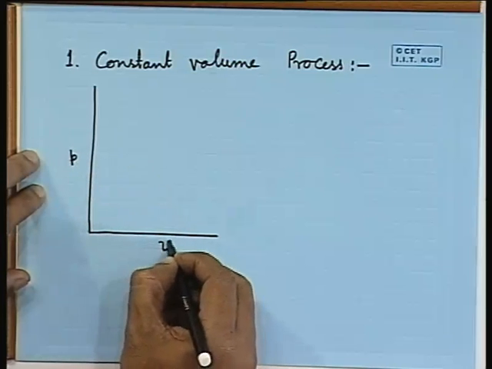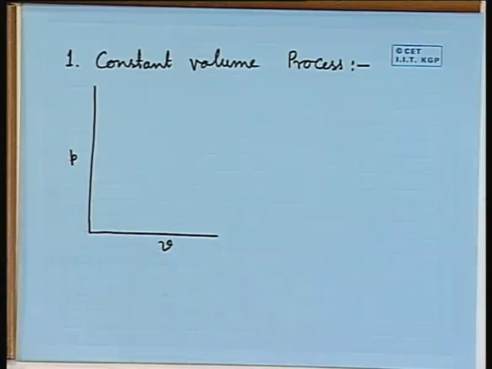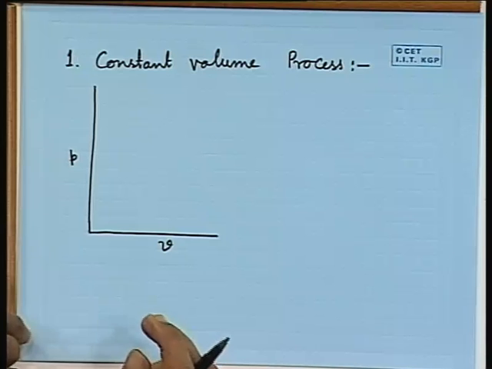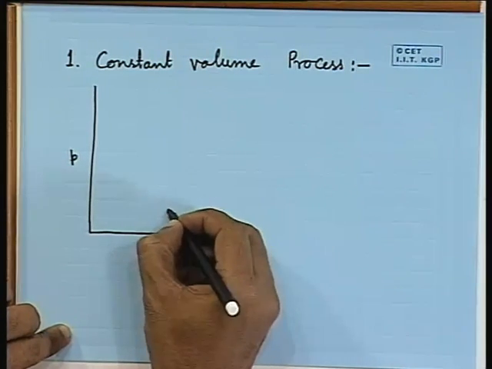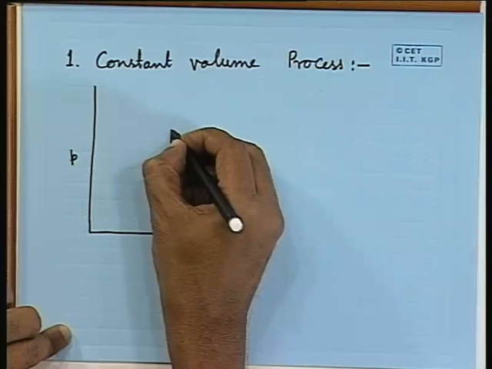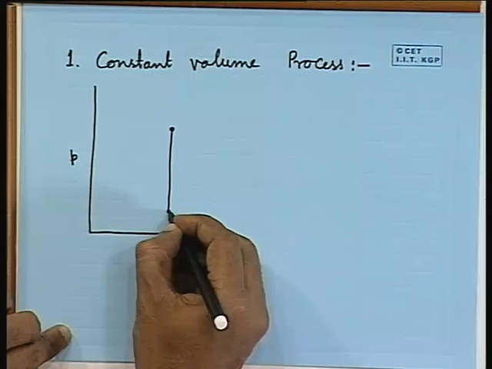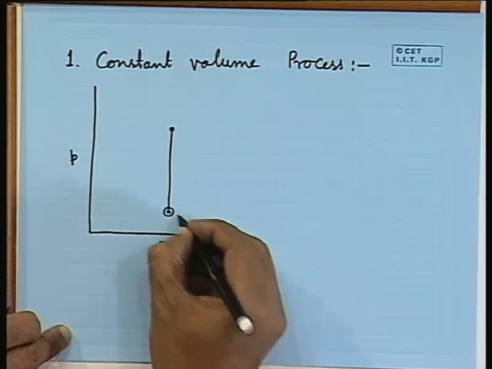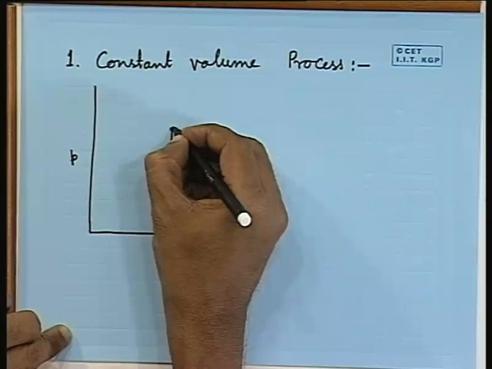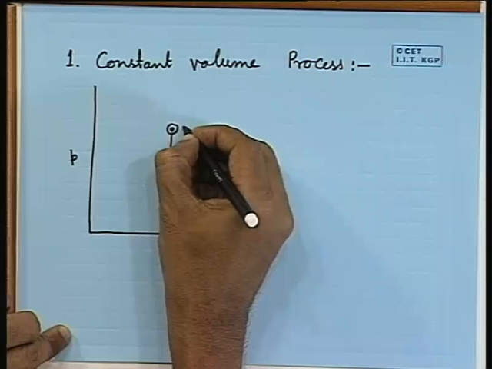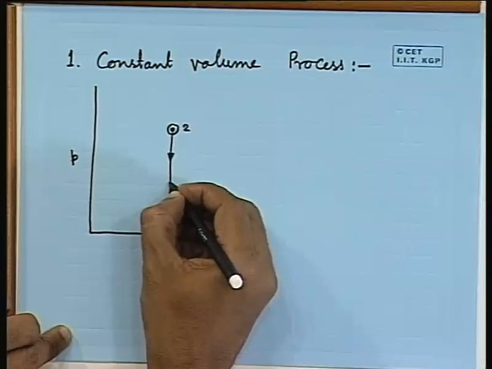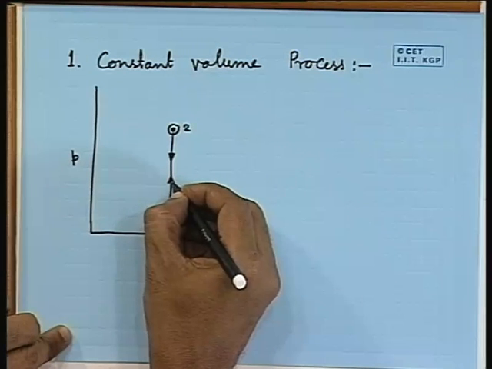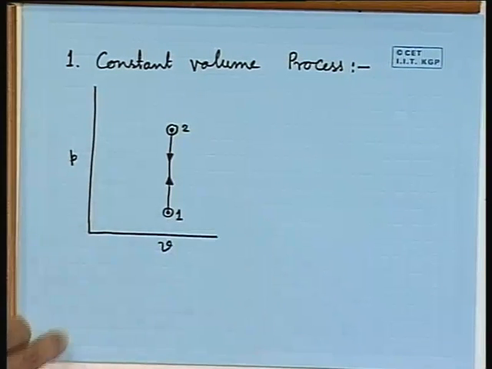This is a PV diagram. So, constant volume process, volume will remain constant. So, either one can have this to be the initial point and this to be the final point, or reverse. That means either the process can go from 2 to 1 or 1 to 2. So, this is a constant volume process.